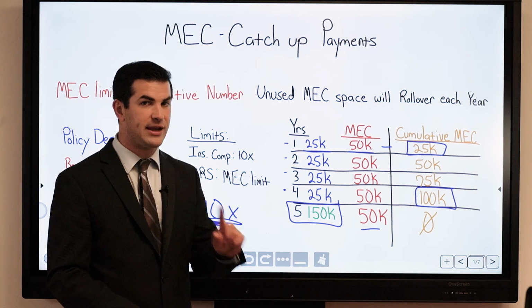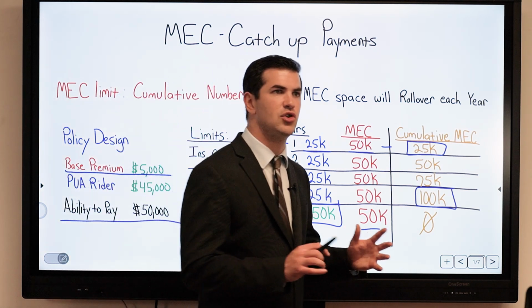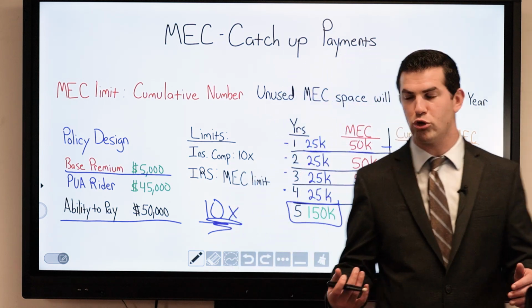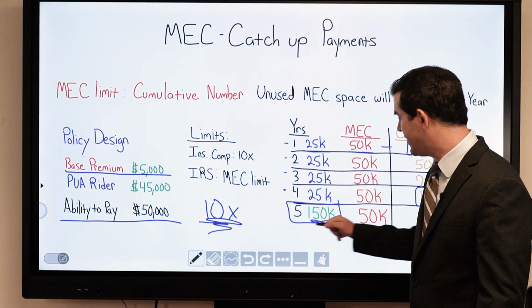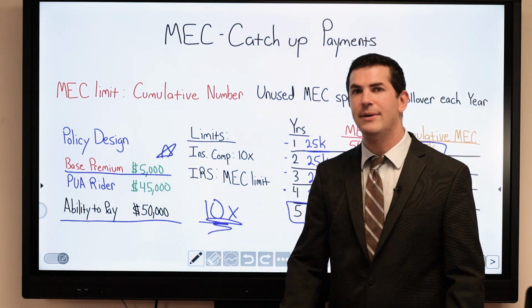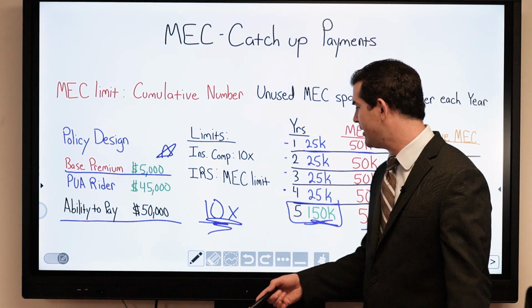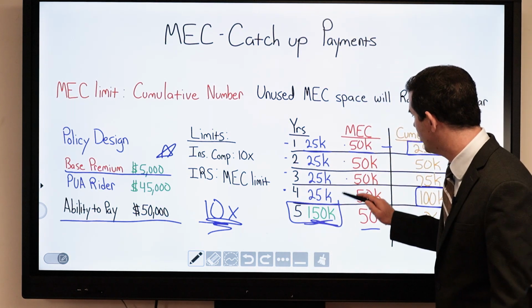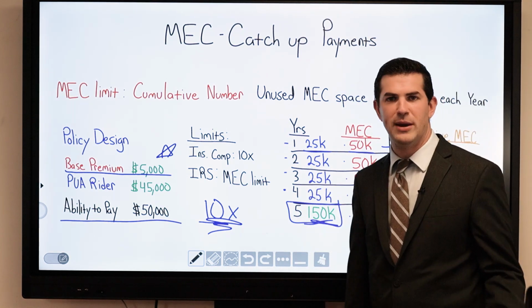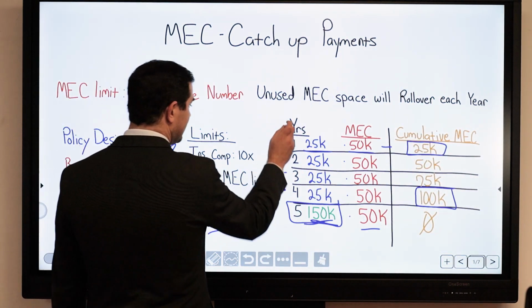The company will accept it, provided I don't MEC it out and the policy is constructed properly so underwriting is not required. But $150K obviously exceeds 10x the base premium because I'm making up for lost time, and I could have gotten the same dollar amount in if I paid in $50,000 each year. We can make those payments. We've done this several times with several individuals that have had policies.